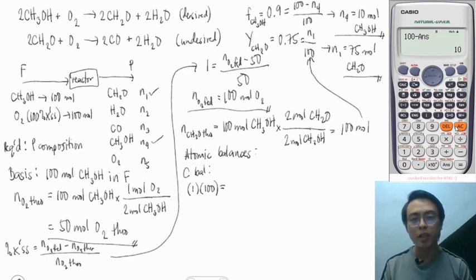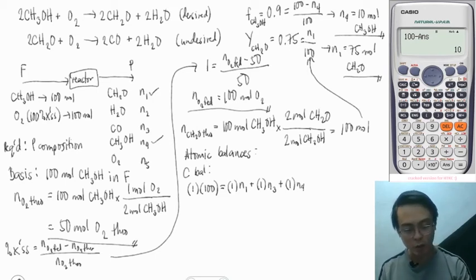So first, N1. In N1, there is 1 carbon, so we write that as 1 times N1. Let me first just write N1 here, and then we will just substitute later. Next is N3. There's also 1 carbon, so that's plus 1 N3. Plus in N4, there's also 1 N4. So it's basically saying that 100 is equal to N1 plus N3 plus N4.